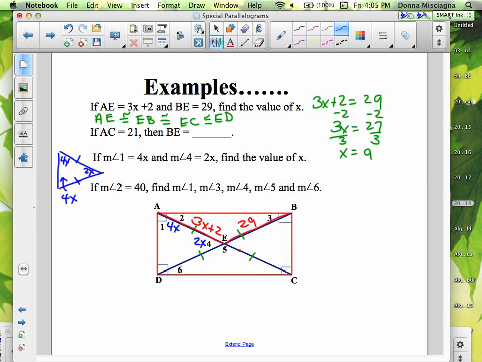So to solve here, oh, it looks like I skipped a question. That's all right. I'll go back and answer it. To solve this one, we would simply add up the angles in a triangle and set them equal to 180. We use triangle sum theorem. So we have an isosceles triangle, and then we're using triangle sum theorem.